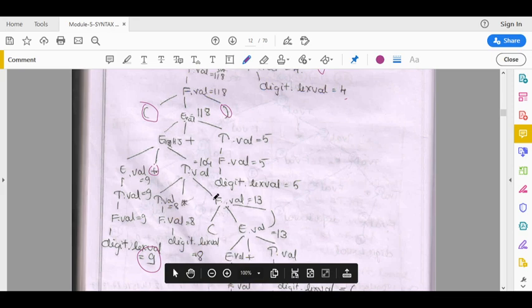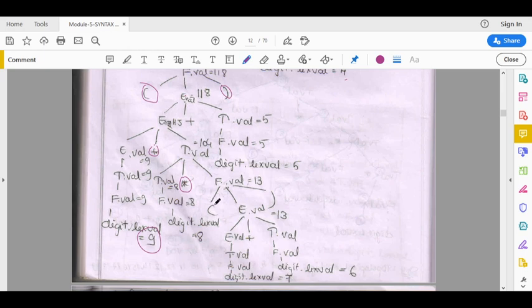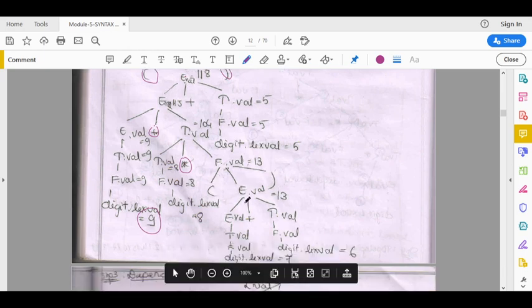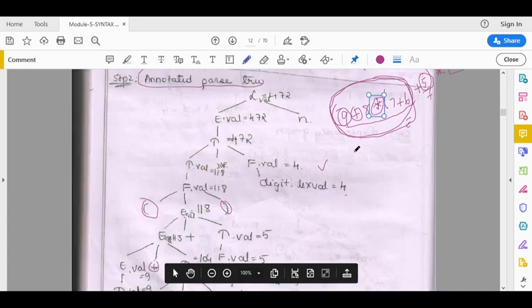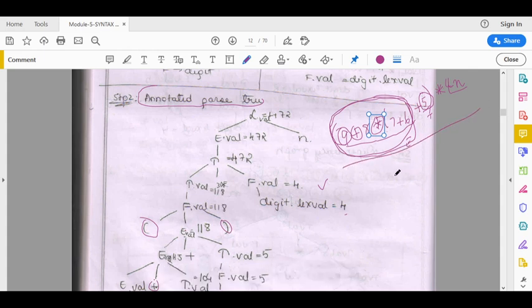So T star F. Here this star is about the value which I am speaking about. Ultimately on the other side I have some value within brackets, so I can make it as E within brackets. So E is E plus T, E to digit, T to digit. This is about the annotated parse tree. It all depends upon the inputs which I am looking into.